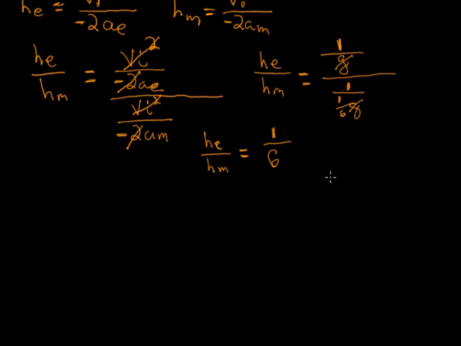Alright, so we'll cross multiply, and so hm equals 6 times. And so the height this object will go when thrown with the same velocity on the Earth versus on the Moon is 6 times what it would do on Earth.